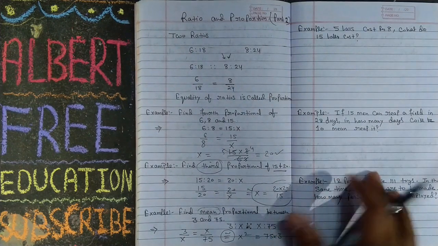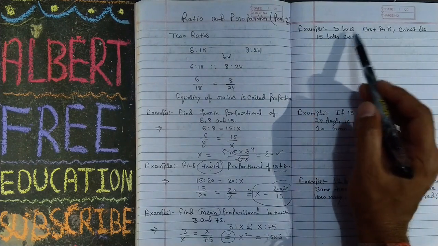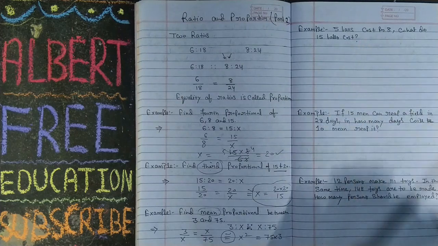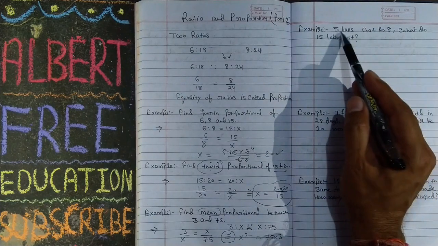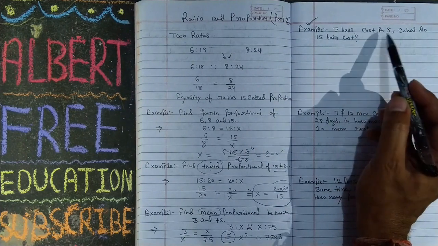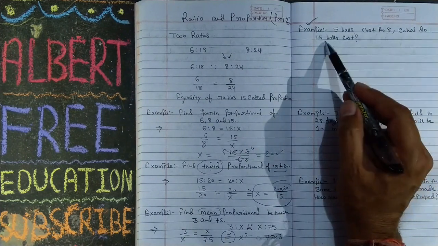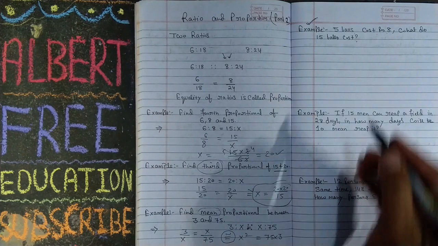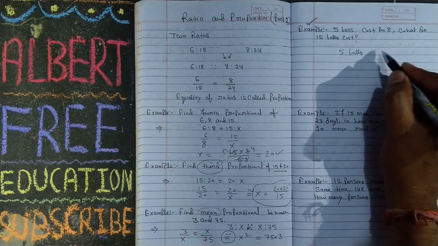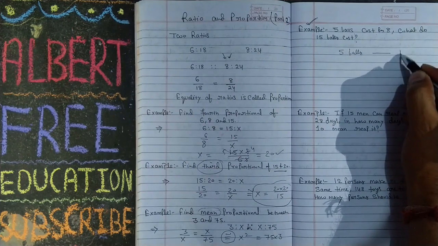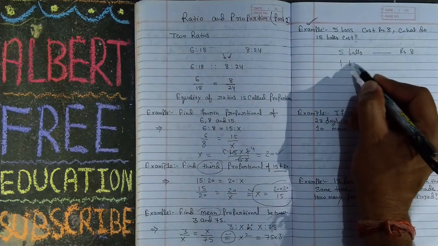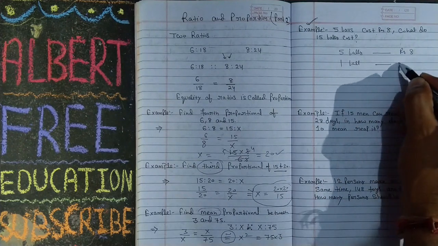Now the next question he has asked, this is a very simple question, 6th standard level. 5 balls cost ₹8. What do 15 balls cost? Very simple. If 5 balls cost ₹8, then 1 ball cost is equal to 8/5.